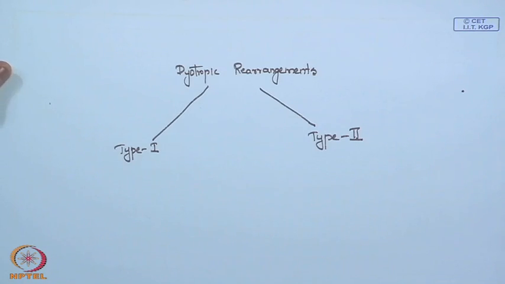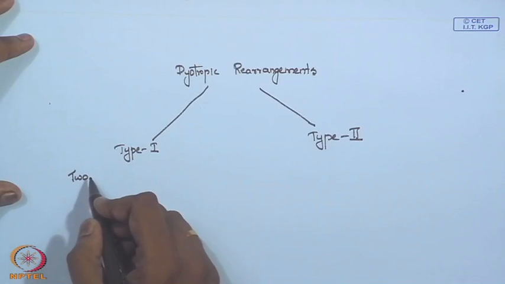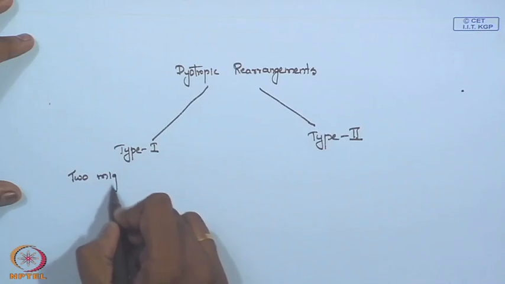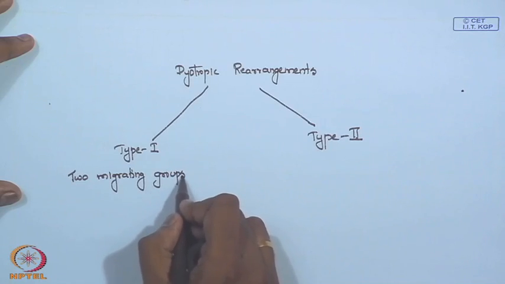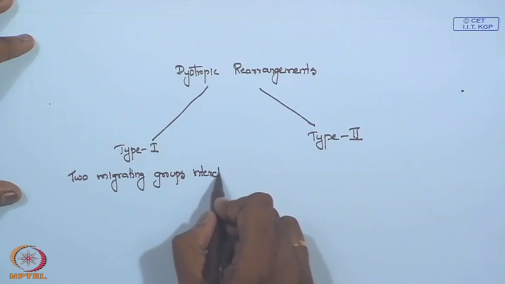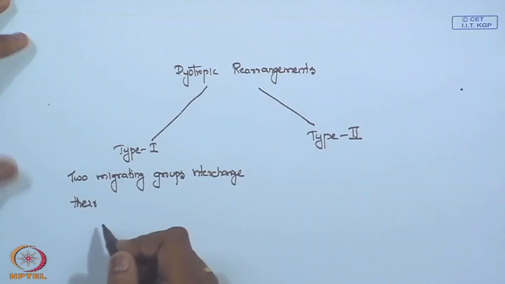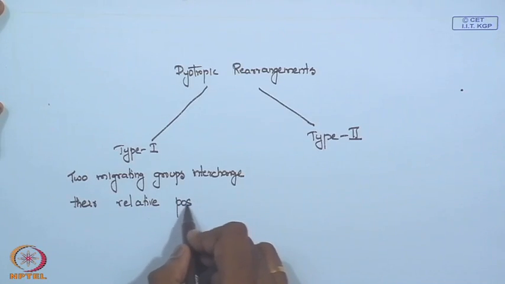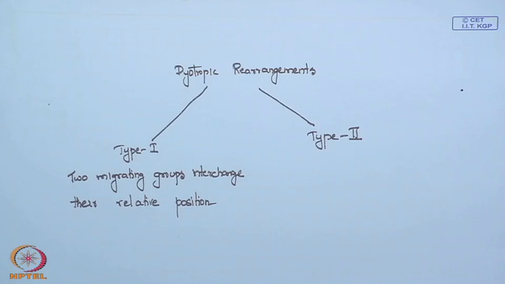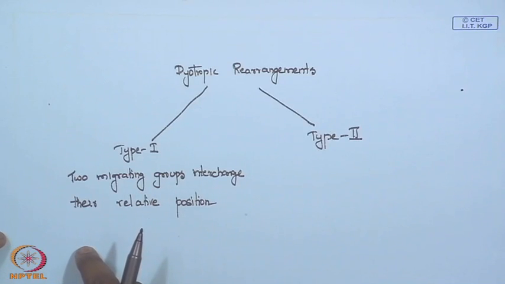In type 1, what happens? Two migrating groups interchange their relative position. Two migrating groups interchanging their relative position fall under type 1 of dyotropic rearrangements.